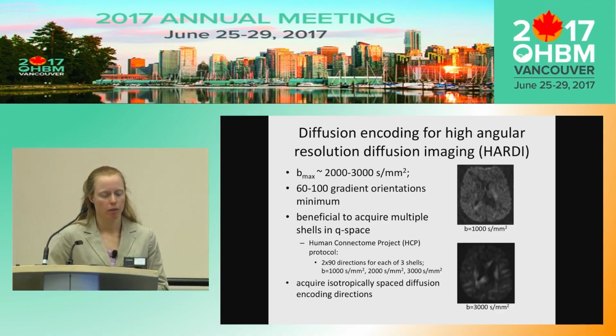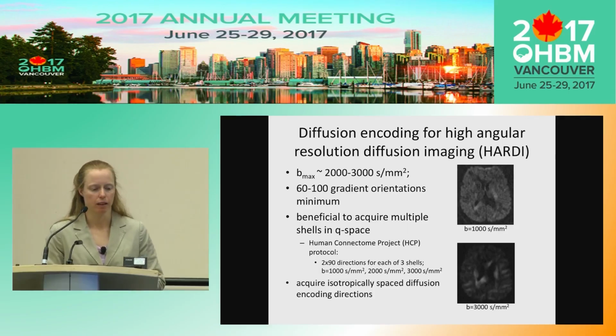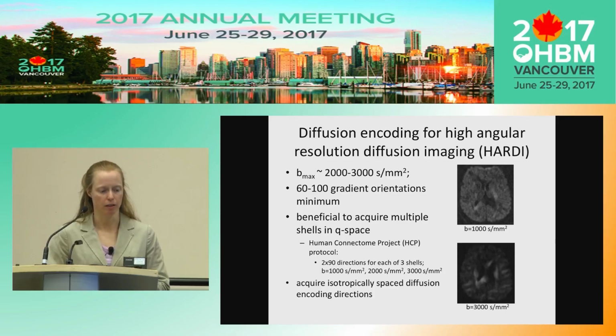So the thinking now is that it's good to mix some lower B factor images around 1,000, which will boost your SNR, with the images that have a higher B value that would have low SNR but higher contrast between voxels with different diffusivities. So for example, the Human Connectome Project, which is a large-scale study acquiring very high-quality diffusion data sets using over an hour of scanning, has opted for 3 different B shells from 1,000 to 3,000.